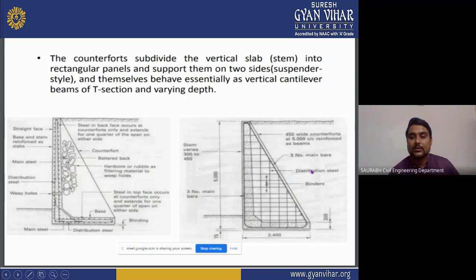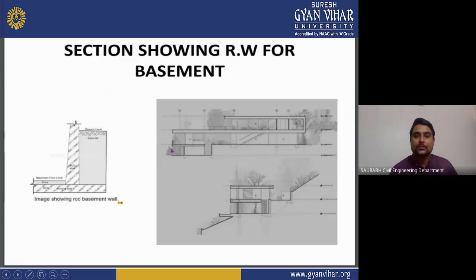This is the number three main bar. The base of the counterfort wall is 2400 mm, which is equal to 2.4 meters, and the height of the counterfort wall is 5 meters. This is known as the binder, and this is your PCC, and there are three main bars provided for the construction of this kind of counterfort.